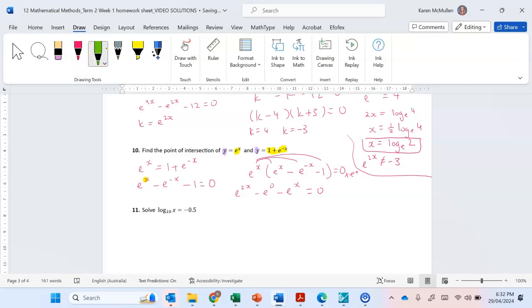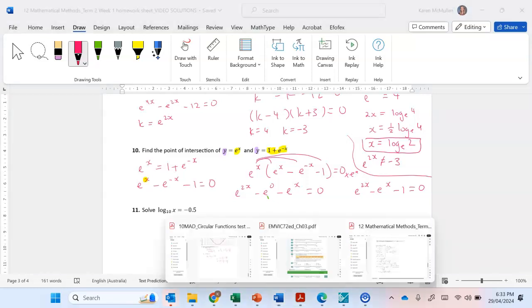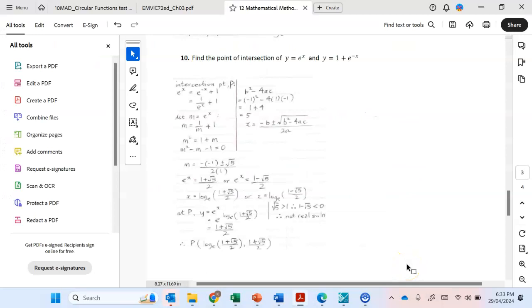Anything to the power of 0 is 1, so I'm just going to rewrite this over here, quite small so we can fit everything in. I'll put it in order of power to make it a little easier. What is annoying about this is it looks like I'm going to have to use the quadratic formula, which is super annoying. Let's see our solution if they've done it.